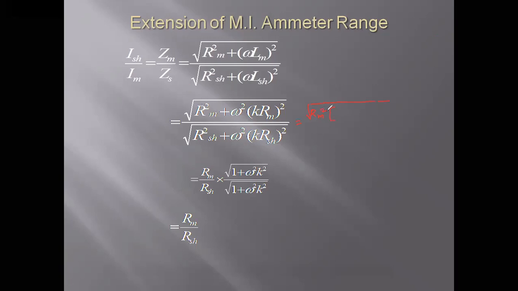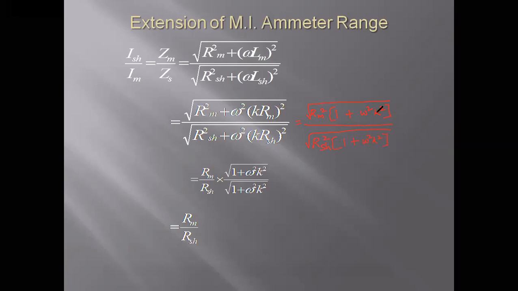In the first term I am left with 1, plus, in the next term I am left with omega squared. K Rm squared is K squared Rm squared, so I have K squared. Rm squared is taken outside. Similarly, RSH squared is taken outside, and from this term I am left with 1 plus omega squared K squared.